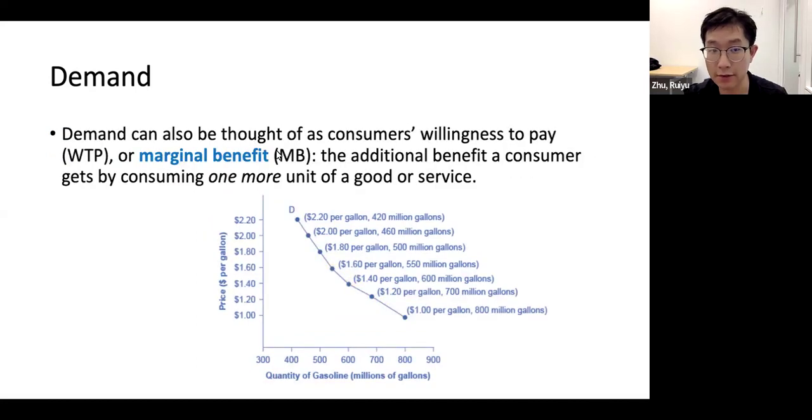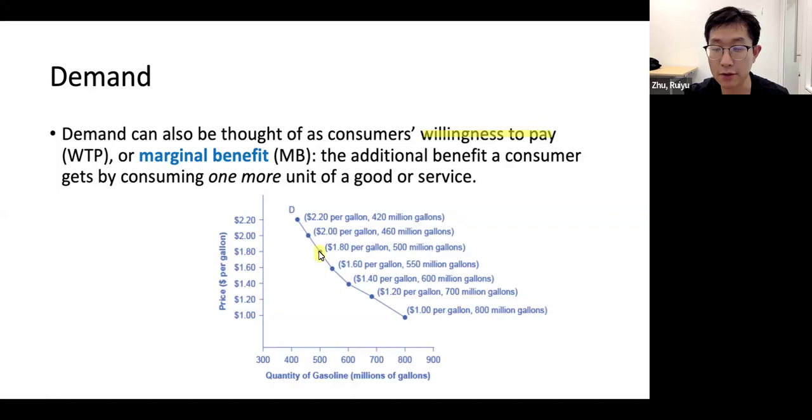This demand has another interpretation. It can be thought of as consumers' willingness to pay or marginal benefit, which means the additional benefit a consumer gets by consuming one more unit of a good or service. So suppose we are at this point here.